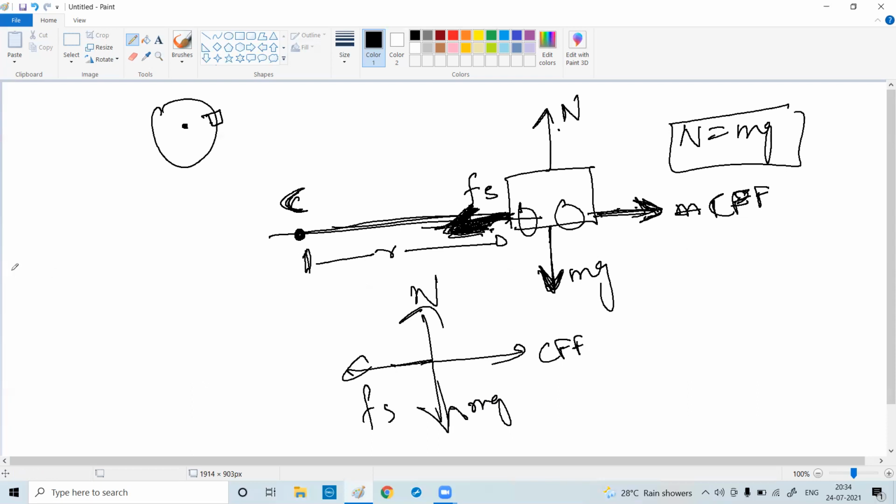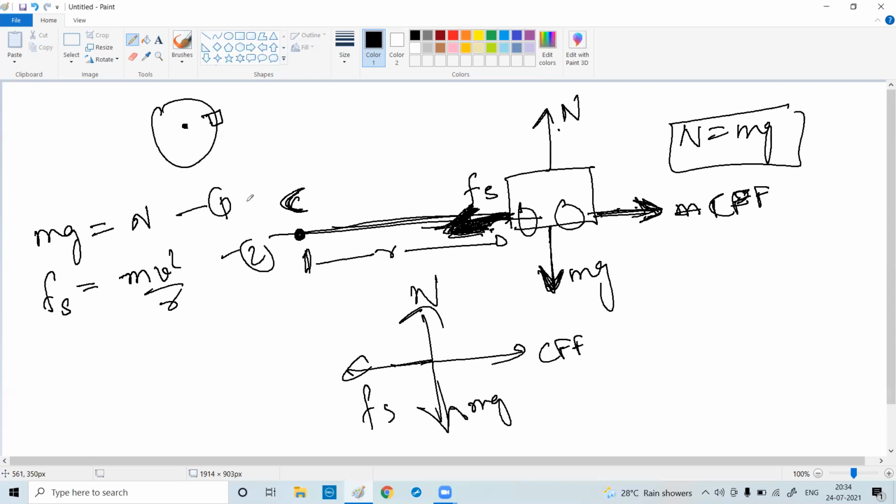Clear? So we will write the two equations. One is weight is equal to N, and Fs is nothing but mv square by r. Is it clear? Yes, we will divide 1 and 2.